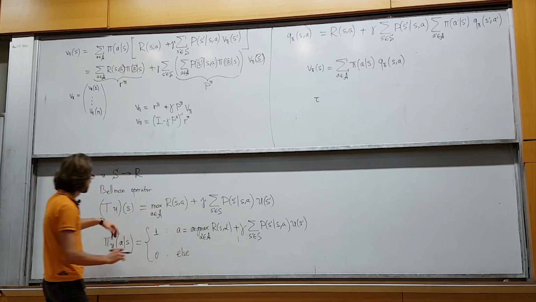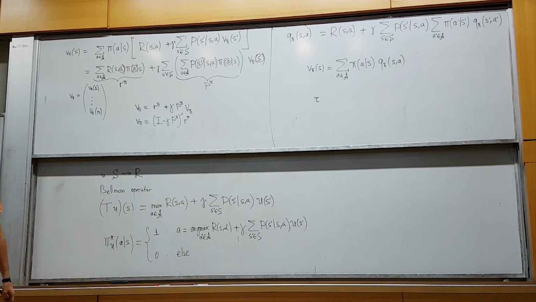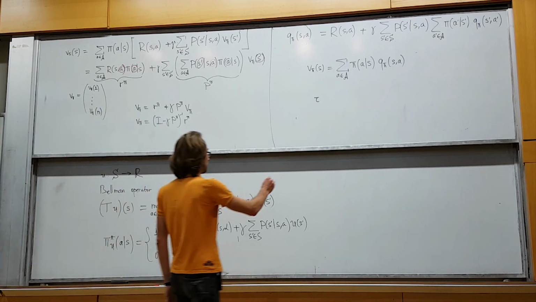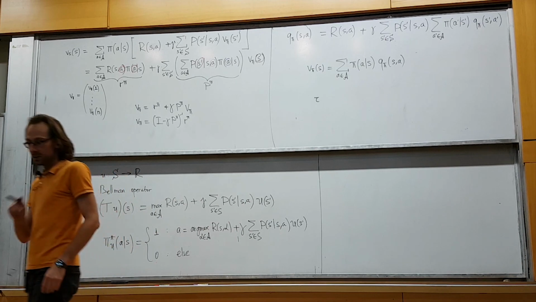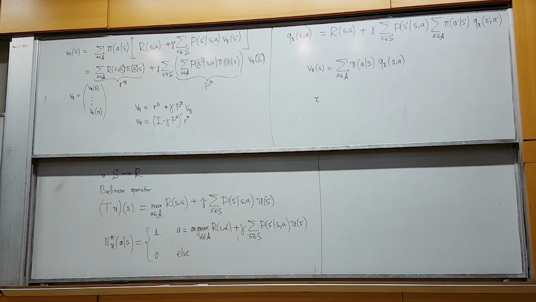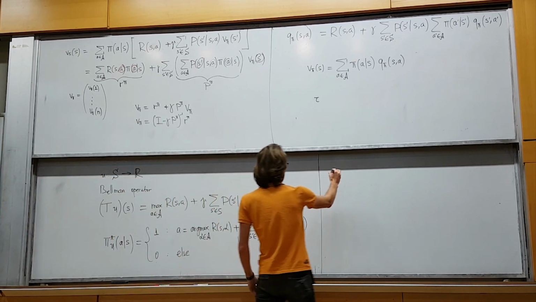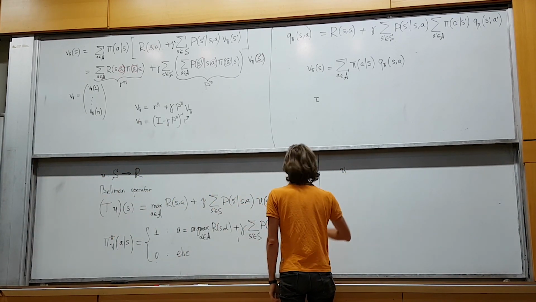Okay? So you see, basically, you are giving me a value function, and I'm constructing this deterministic policy that presumably does something good. Okay. So basically, if you are giving me a value function u.